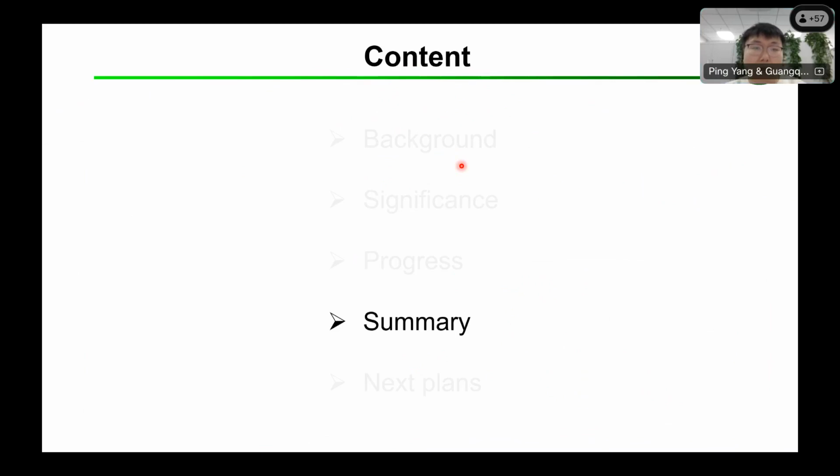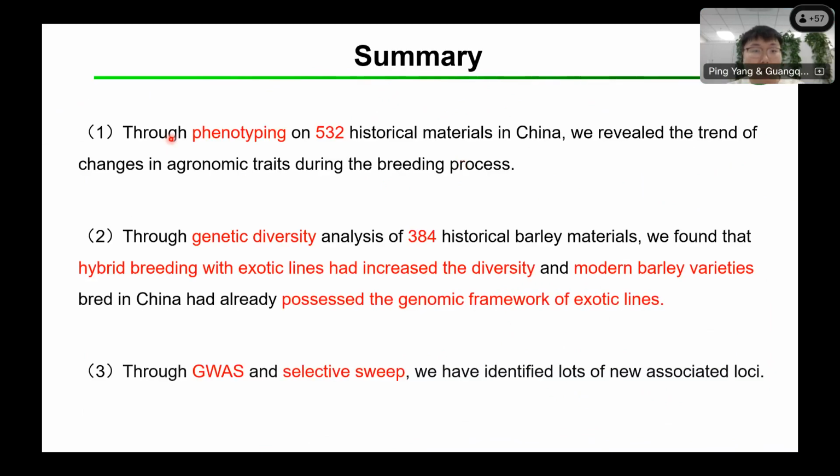Then the summary. Through phenotyping of 532 historical materials in China, we reviewed the trend of changes in agronomic traits during the breeding process.